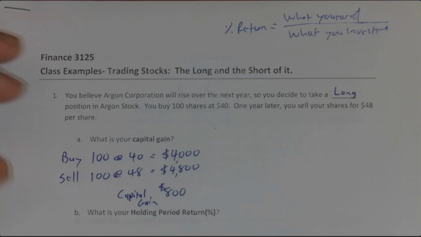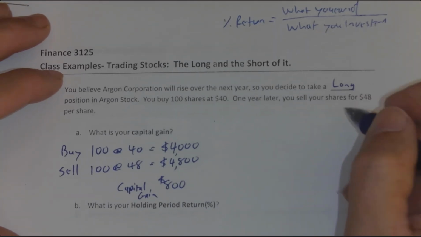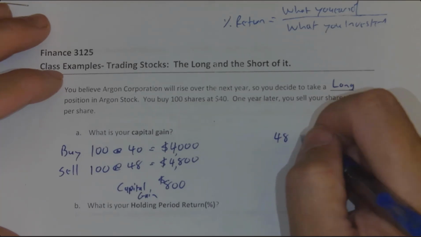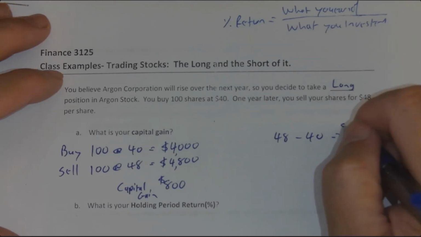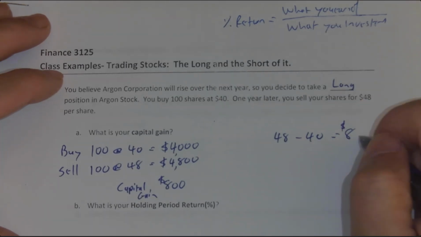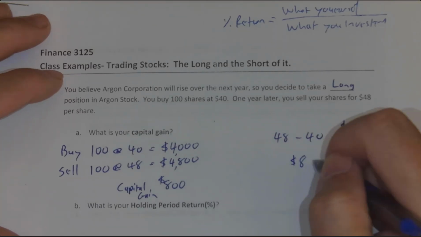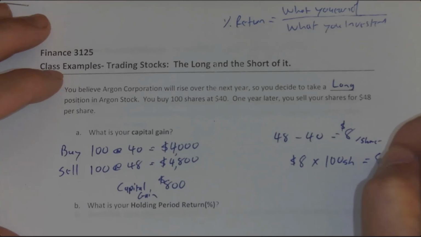All right, now if we did it on a per share basis, it's actually probably a little bit easier. We would say, we buy at 40 and we sell at 48. We make $8 per share. So then we take our $8 times the 100 shares we bought, and we get $800.